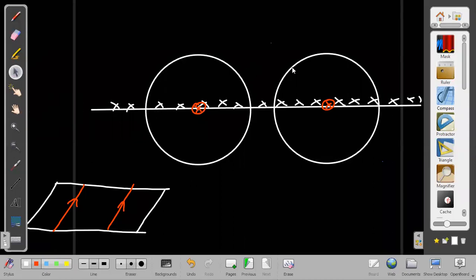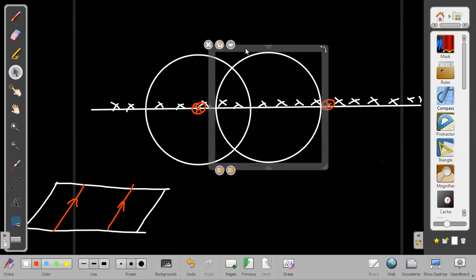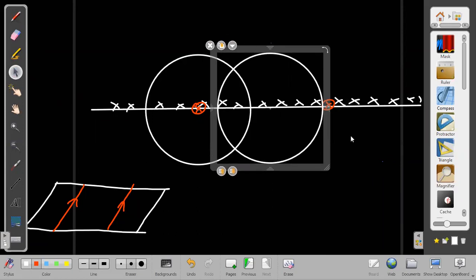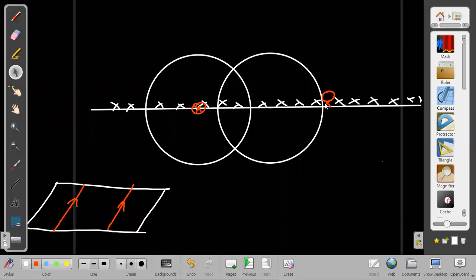Wait a second. Now I did one mistake of keeping these away from each other. I should keep here maybe, so that the cross also will shift here. Where I want to find out the field, I want to find out field here or maybe here. So if you use the right hand thumb rule due to this cross wire, then the field will be in which direction? This side. And due to this cross wire, take right hand thumb rule.